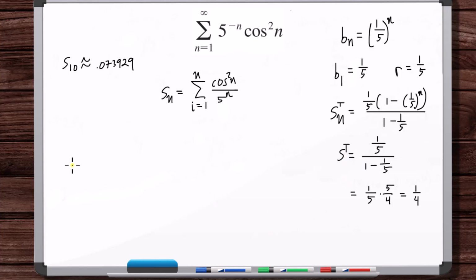Now, this is 1/5 minus 1 minus, and then we have 1 over 5 to the 10th, and then this is 4 over 5. 1 over 5 divided by 4 over 5 is 1 over 4.